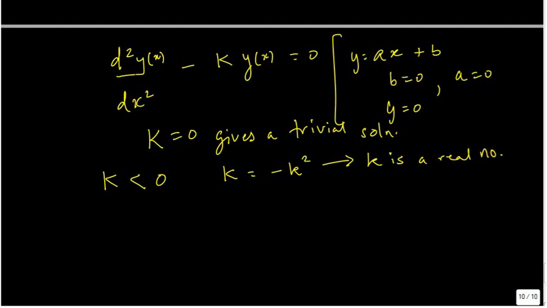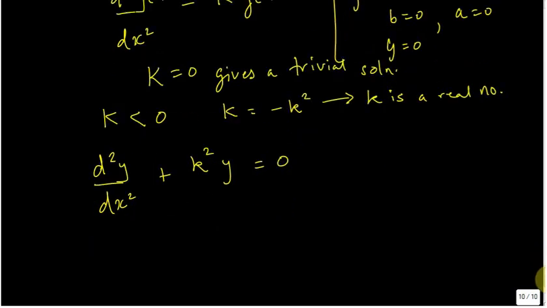So if that is the case, then I'll have my equation as d squared y by dx squared plus k squared y is equal to 0. And what kind of functions do you know that if I take a double derivative of the function, it gives back the function? Sine and cos, in more general, an exponent, right? So I'll take the more general form to start with.